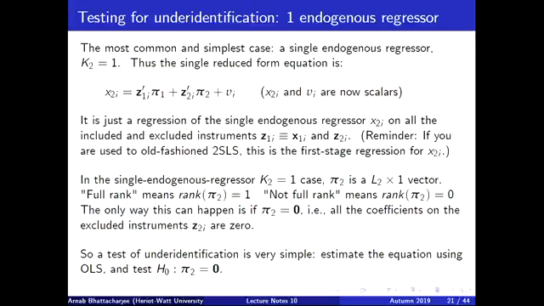Yeah. Well, there are several instruments. Potentially, right? There's a single endogenous regressor, but the excluded instruments are several. So we need to test that all of them are 0. That is an F test.